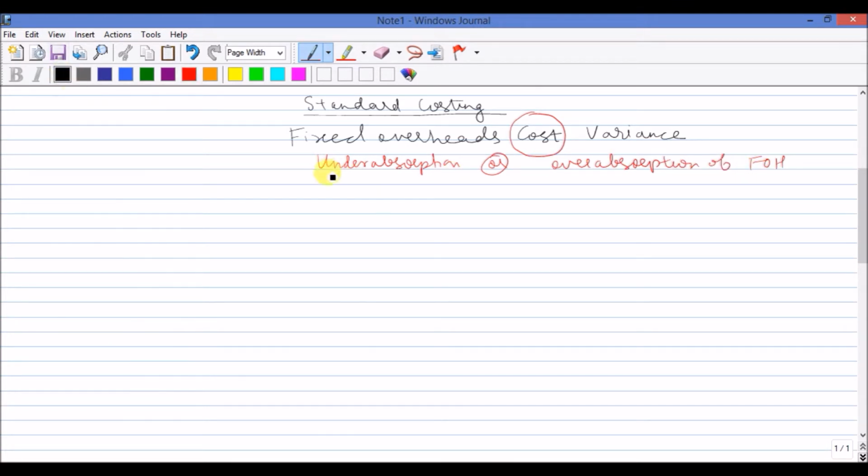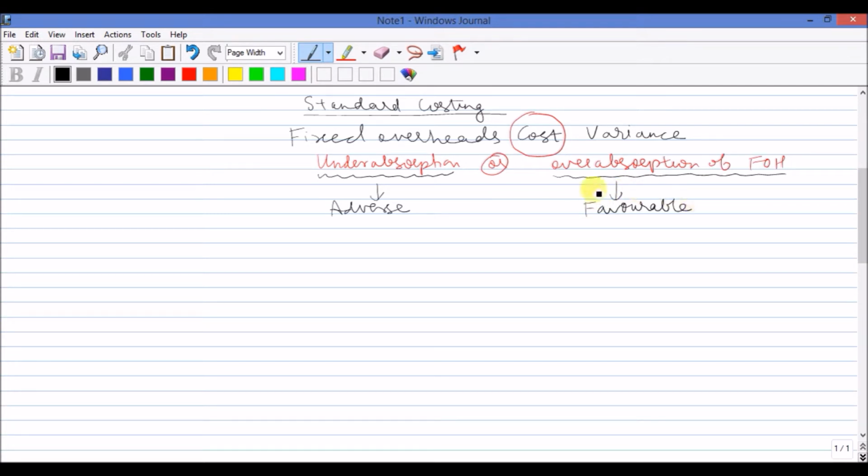Now friends, as a layman, try to understand that if it is an under absorption, it means you are not able to recover the amount. So this is going to give you an adverse variance. And if it is over absorption, it means you are able to recover your fixed overheads, and this would give you a favorable variance.